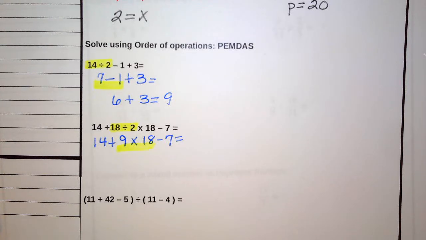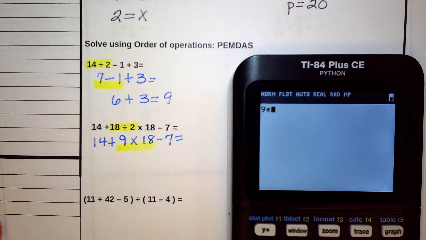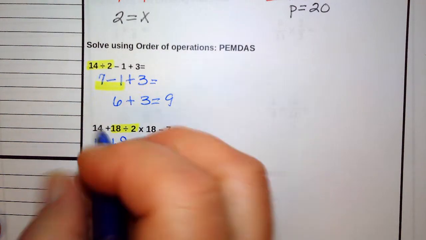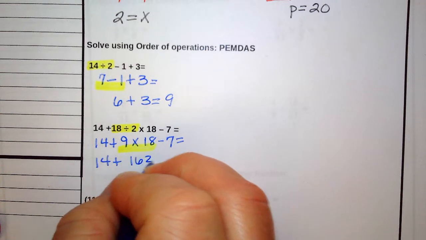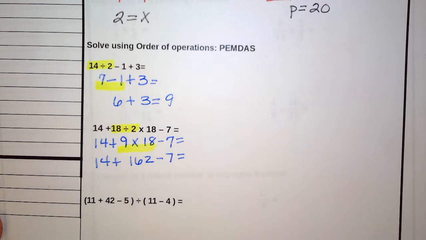9 times 18 is equal to 162. 14 plus 162 minus 7. Okay, now what comes next? I've got addition and subtraction.